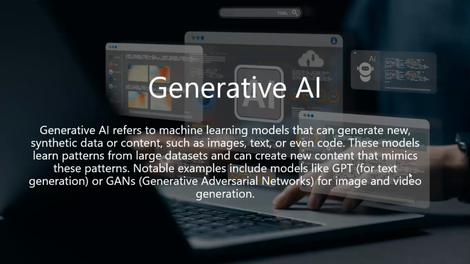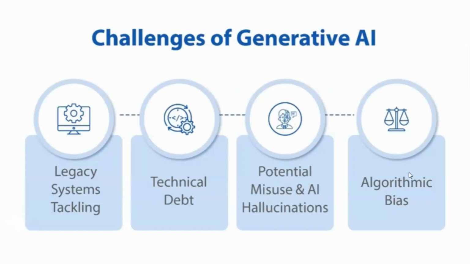Whatever you teach a child, when they use their creativity, it will be similar to what you have taught them, right? That's what we normally do in generative AI. Notable examples include models like GPT for text generation, and GANs, the generative adversarial networks, for image and video generation.